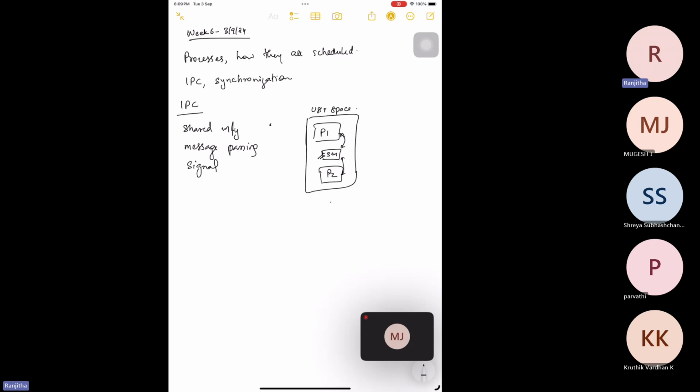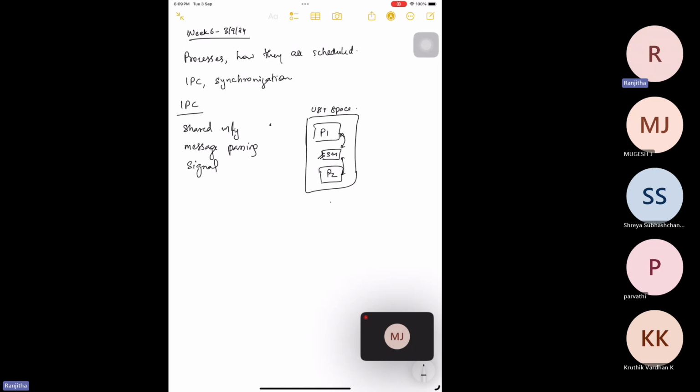So this is one way of communicating. In Linux, you can go through the functions of how the shared memory is created. So shmget, shmat: those are the function calls using which in Linux the shared memories are accessed. This is the basic concept of shared memory.